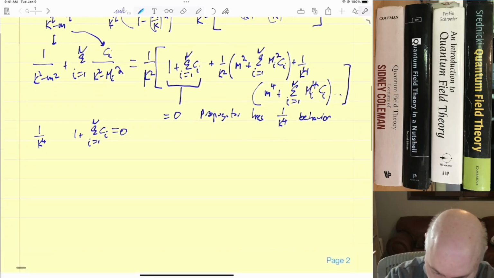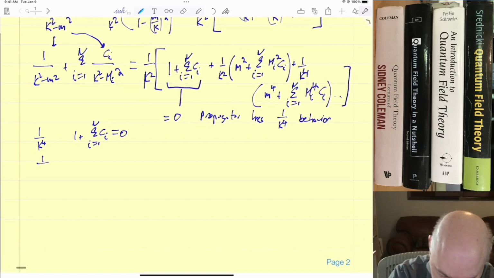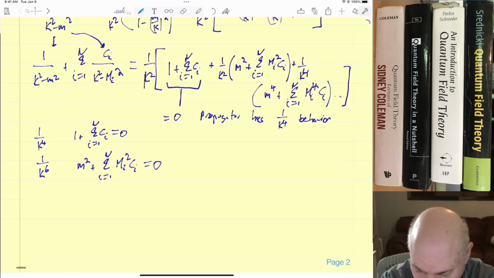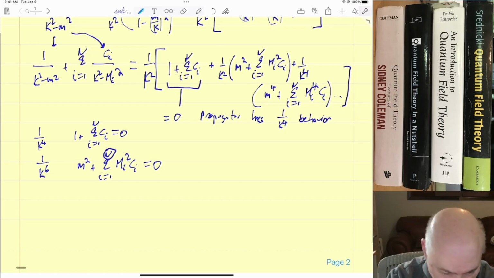And if you want 1 over k to the 6th behavior, in addition to that, you set m squared plus the sum from i equal 1 to n of mi squared ci equal to 0. And it's clear that you can do that because you can make this number n as large as you want. So 2 equations, 2 variables, 3 equations, you just choose it.